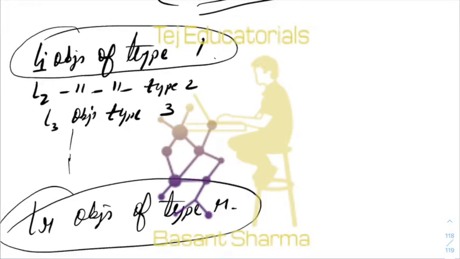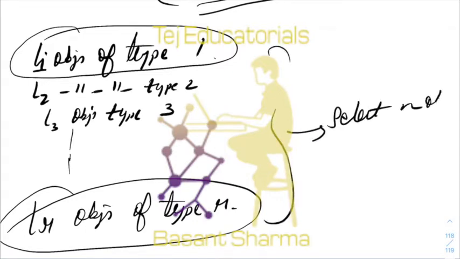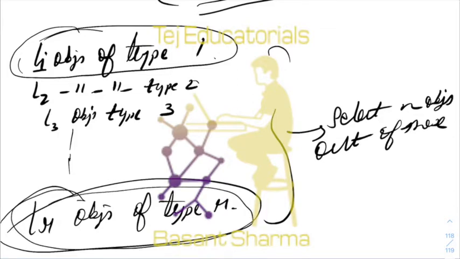And if I ask you to select n objects out of these, so basically L1 copies of type 1 objects are available, L2 copies of type 2 objects are available, and LR copies of type R objects are available. That is nothing but selecting n objects out of these.